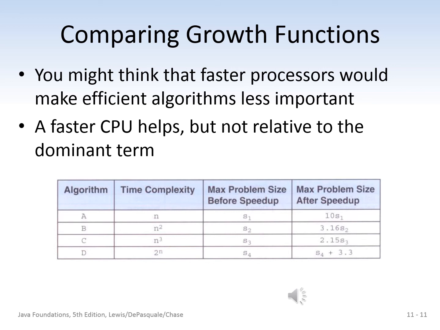Its time complexity is improved by a factor of only 3.16 by increasing the speed of the processor by 10. Why did we not get the full 10-fold increase in the problem size? Because the complexity of algorithm B is n squared. So our effective speed up is only the square root of 10, which is 3.16.